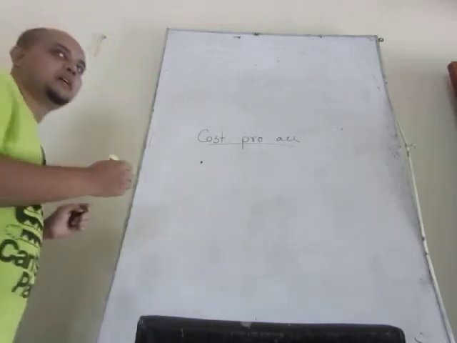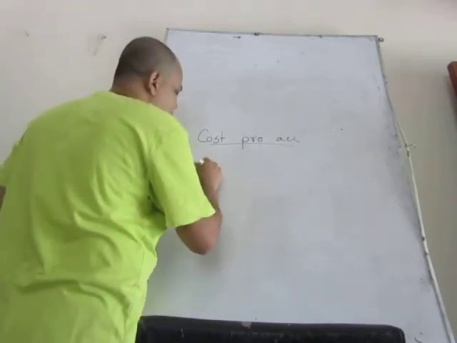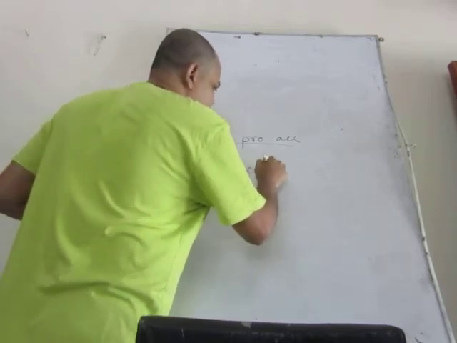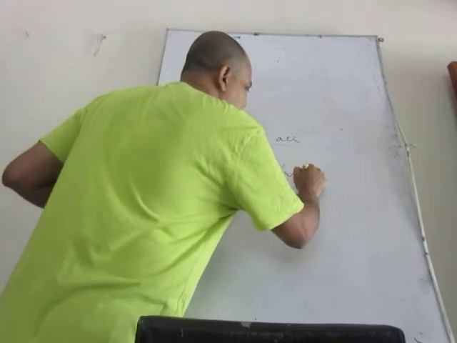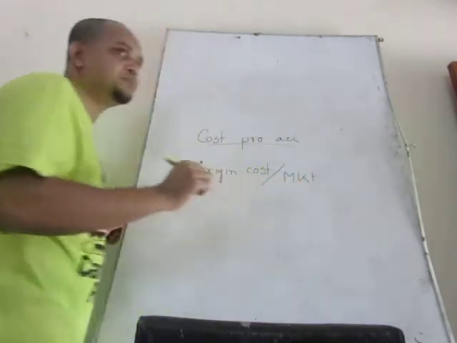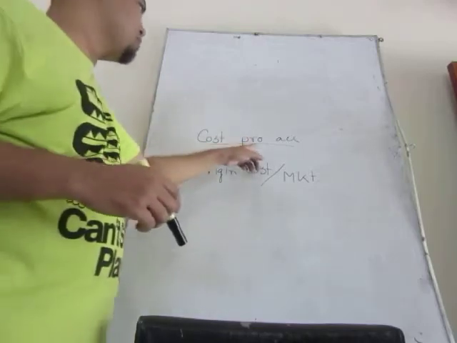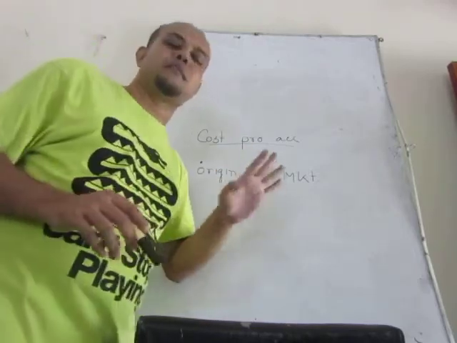Cost of providing the accommodation may be original cost or current market value. Cost of providing accommodation means original cost or current market value.